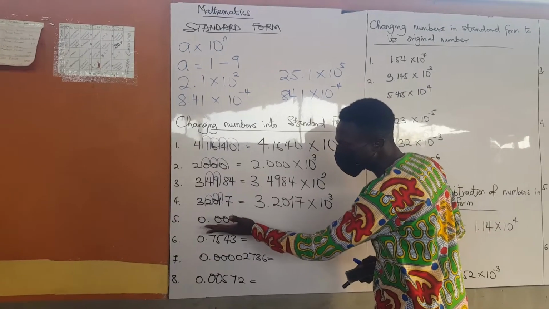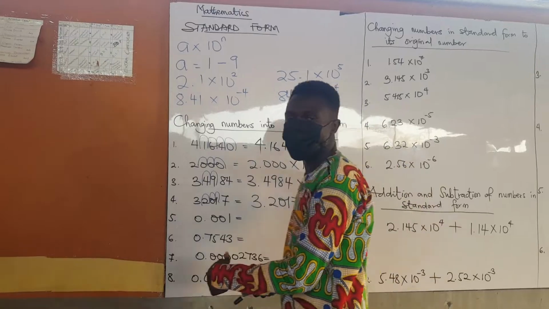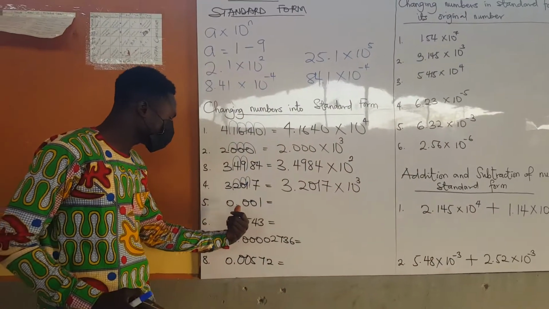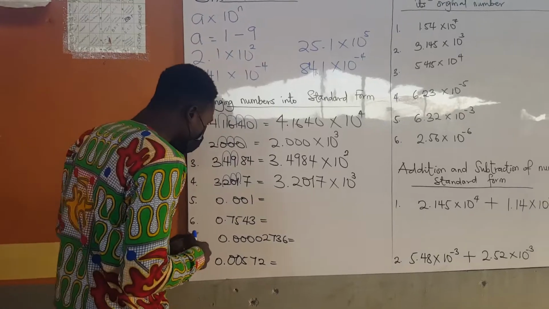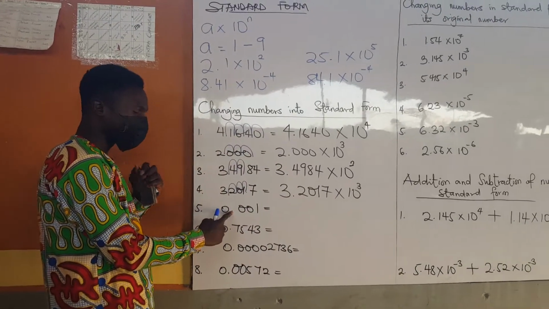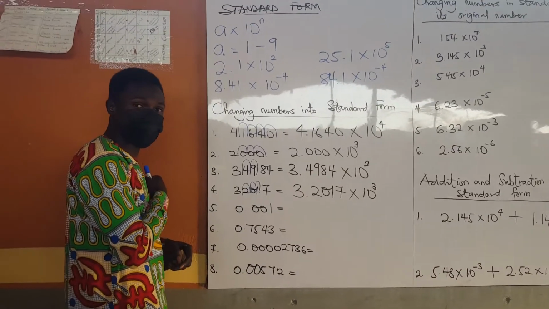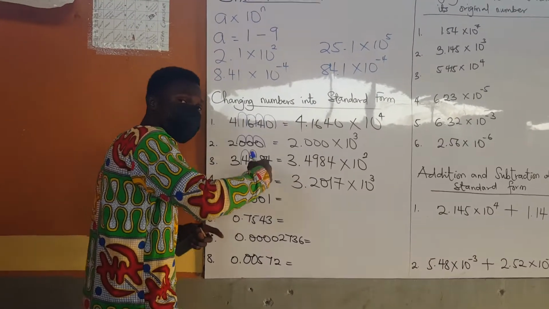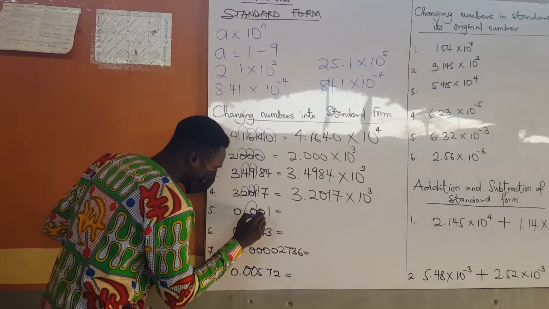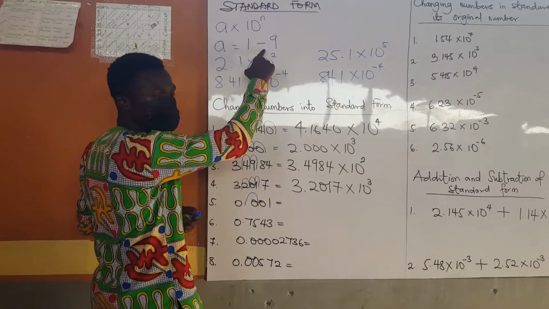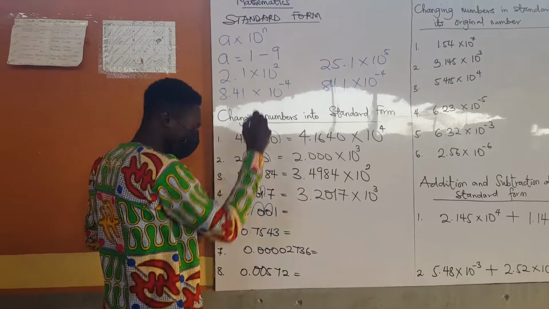Now let's look at number 5. It looks like the number is in decimals, so we are going to change this one into standard form. When you look at where this decimal point is, I can't move to the left because there are no numbers here, so I'll move to my right. If I move 1, 0, 0, it is not within that range. 2, 0, 0, 0, it is not in the range.